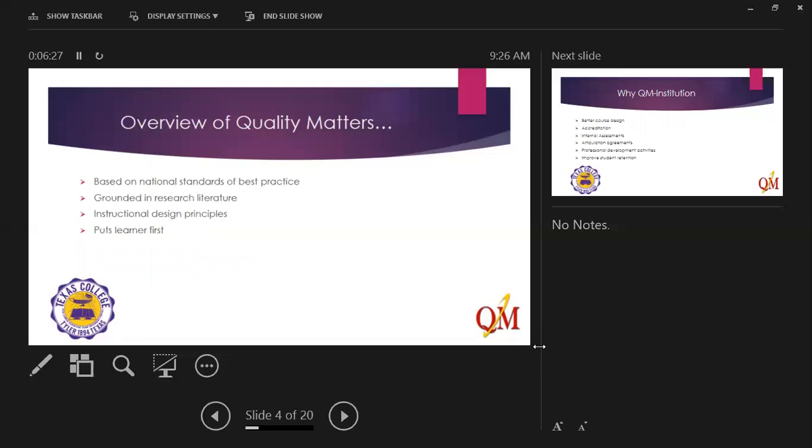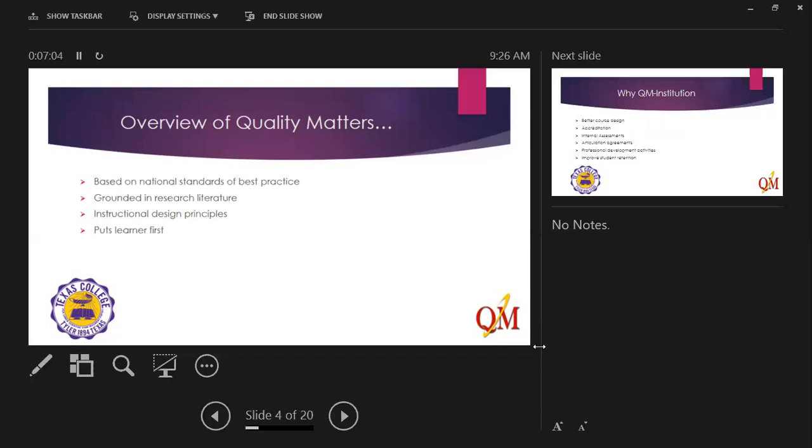Quality Matters is based on national standards of best practices. It is grounded in research and literature. Before they came up with the rubric, they did the research, and even after doing research over so many years, there's ongoing revision, with the 6th edition of the rubric.